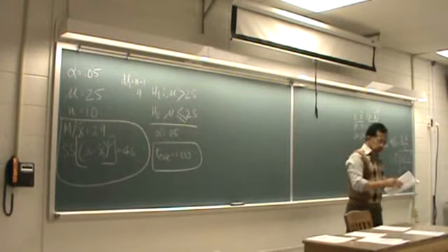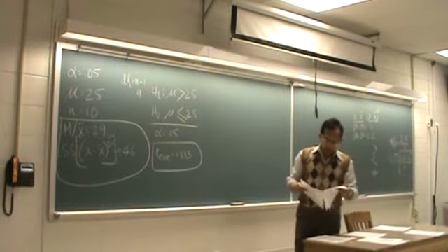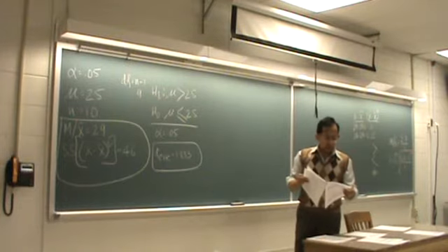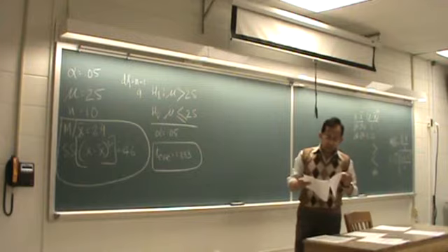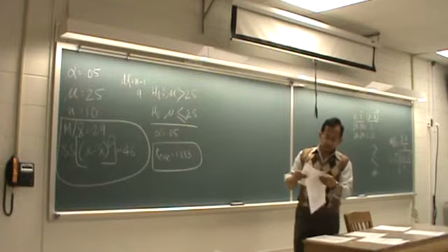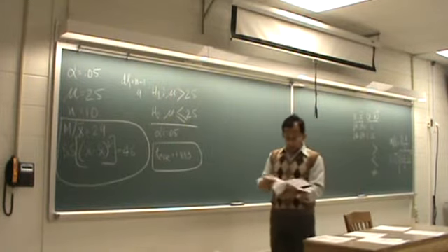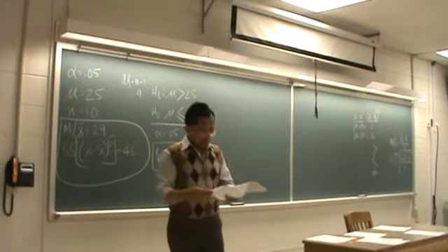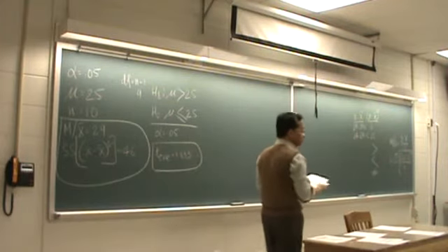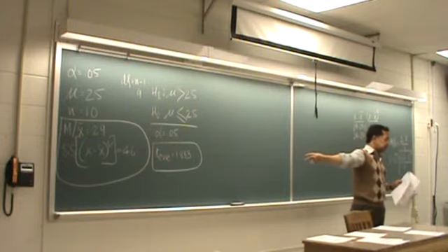And we learned on Thursday that if your T of 10, meaning the calculated T value, exceeds T critical, then you reject the null hypothesis.